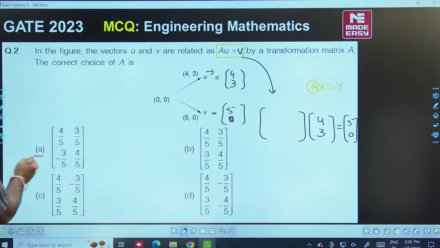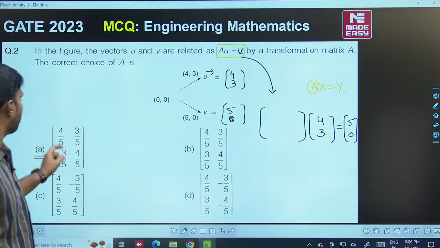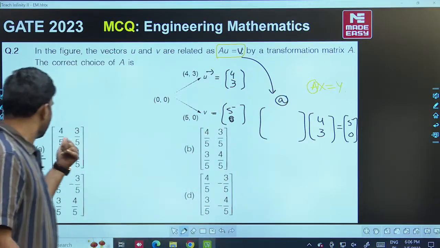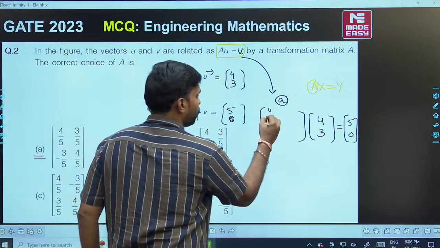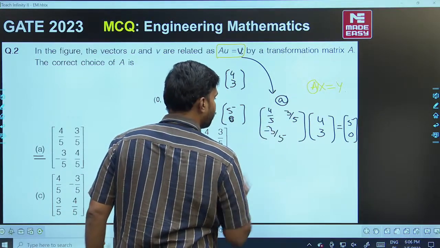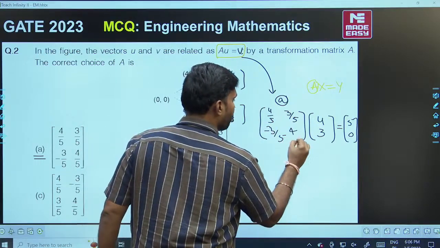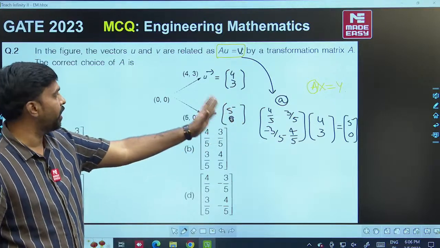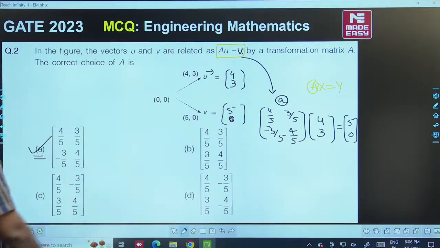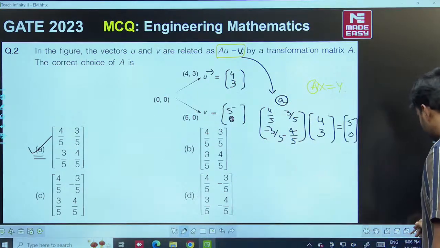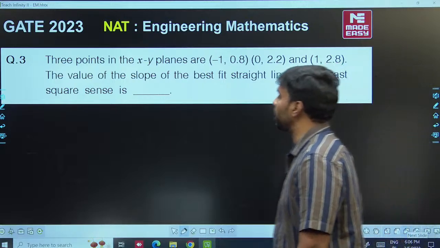Let me go with the options. A is 4 by 5, 3 by 5, minus 3 by 5, 4 by 5. Taking the multiplication with option A, you can see it exactly satisfies Au equal to v. Therefore the answer is A. This is the way you can simply answer this type of question in the examination.